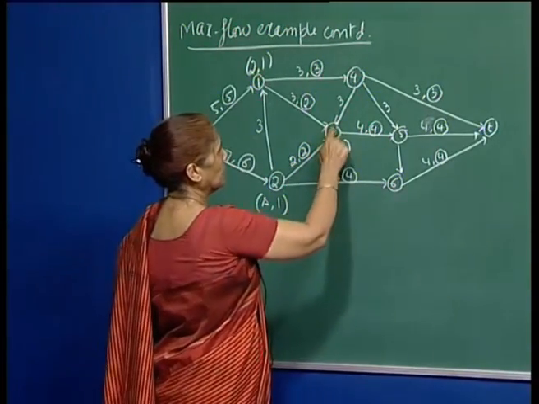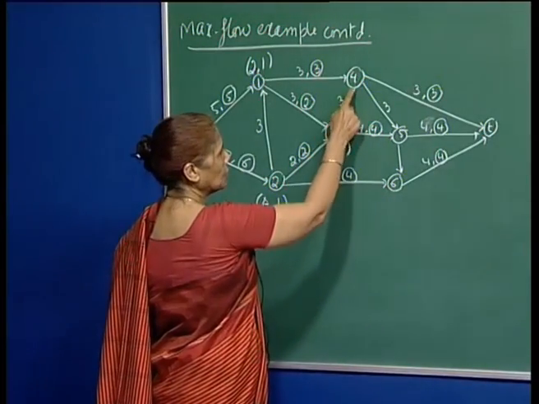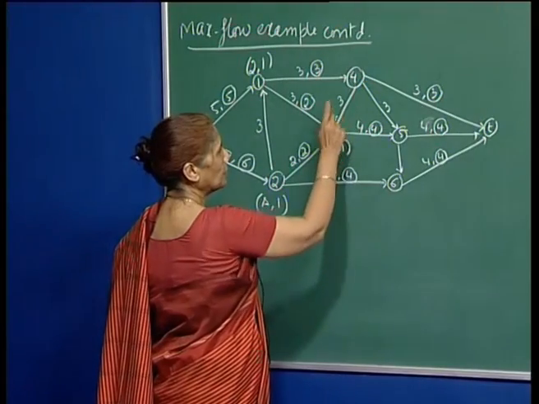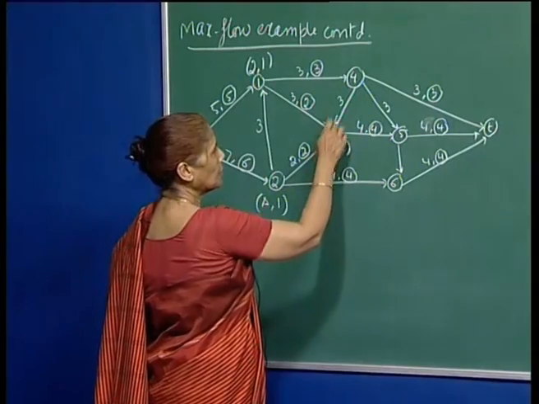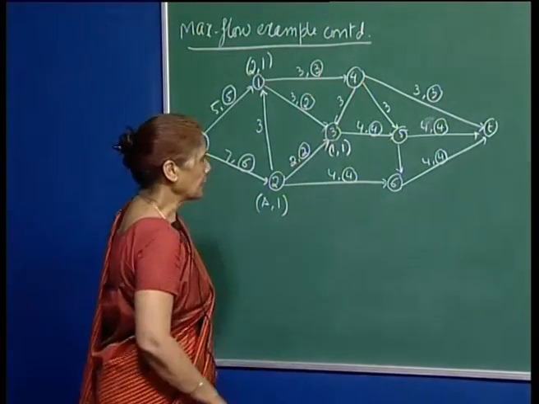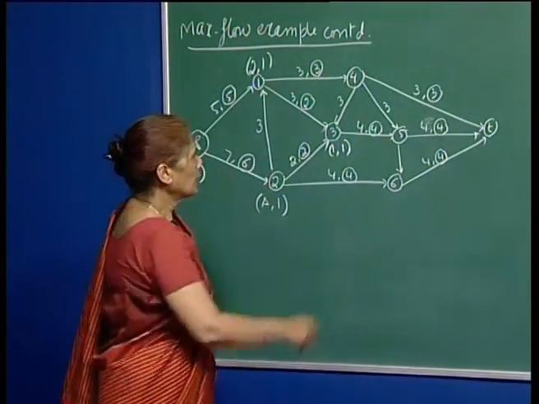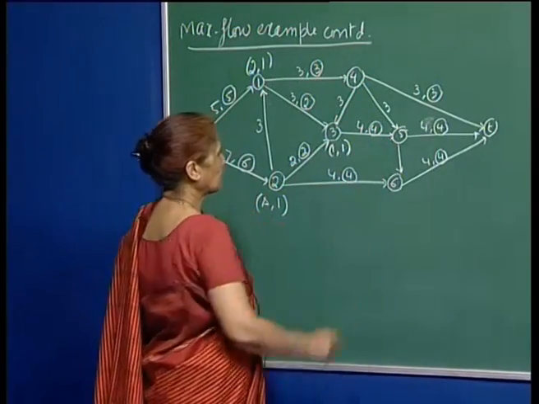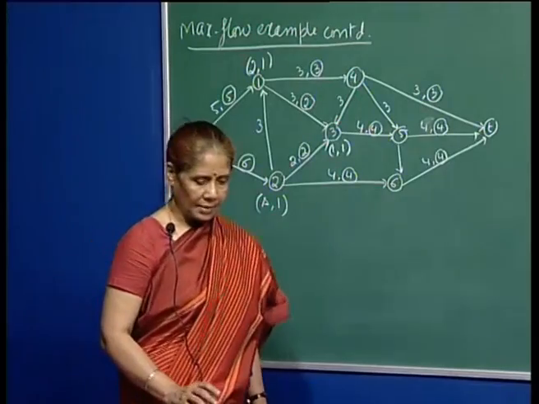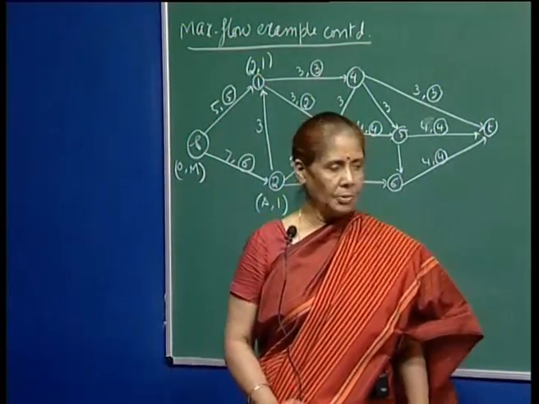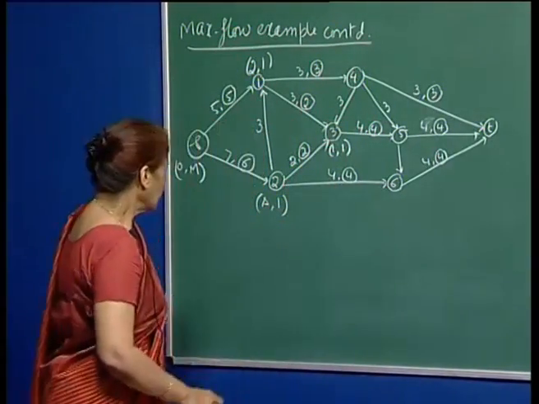Now 4-3 is a backward arc. There is no flow on 4-3, so I cannot label 4 from 3. If there was positive flow from 4 to 3, I could have gone to 4 from 3 by reducing the flow. Then 5 is saturated, so that's it. My labeling algorithm stops here, because I am not able to label the node T anymore.